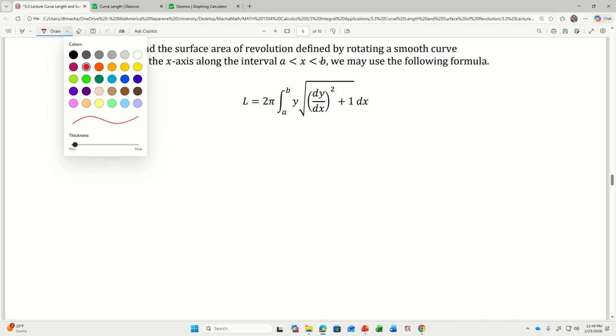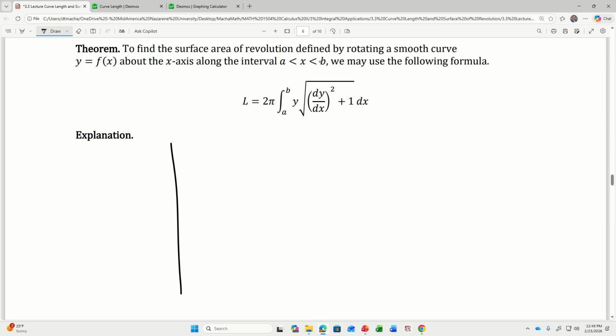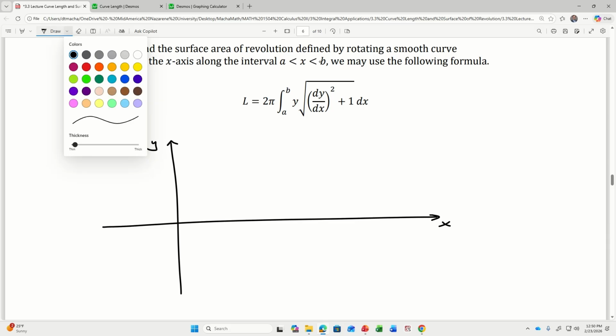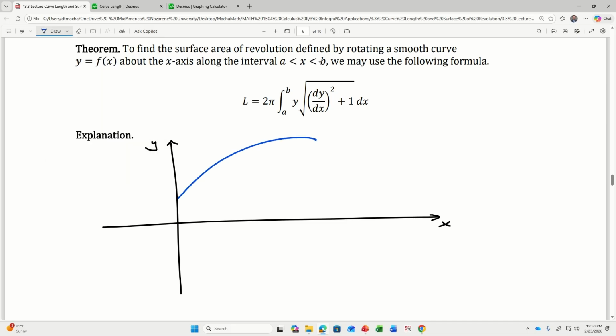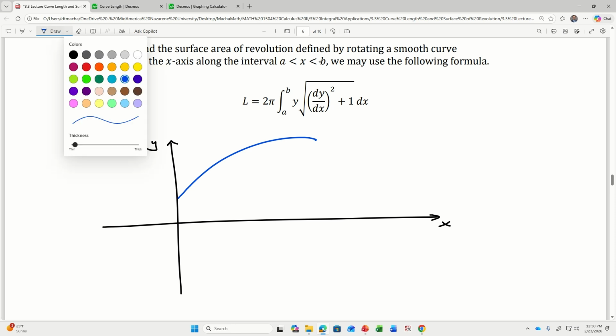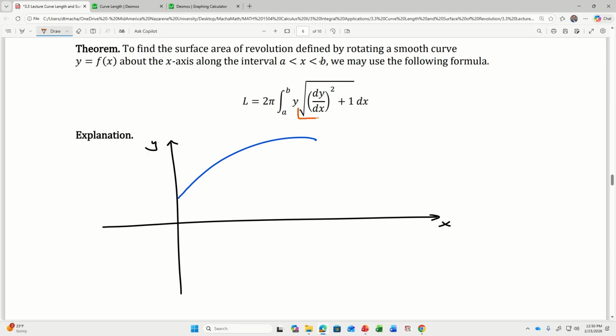The explanation for why this formula might work is, well, if we have an xy plane, and here's my curve, and we already know that part of the stuff you see in the integrand is from the Pythagorean theorem, right? That should look really familiar to you as being part of the curve length formula. Because what I've underlined here in orange is like a little line segment along this curve.